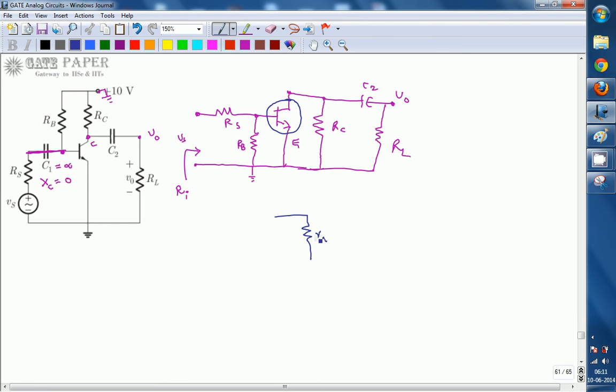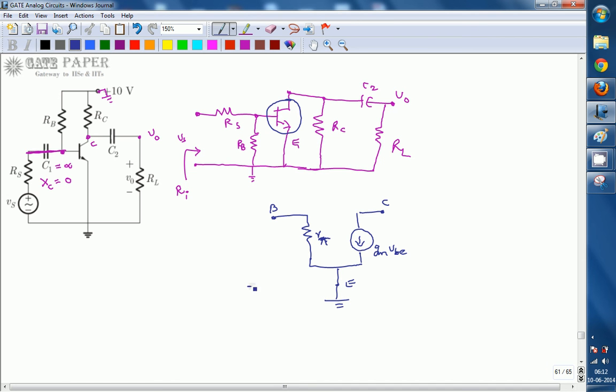It consists of r pi, also called rBE, and next there is a current source, GM VBE or beta IB, you can write. This is emitter, base and collector. So the transistor symbol can be replaced with its equivalent model, that is r pi and GM VBE, and emitter is grounded.